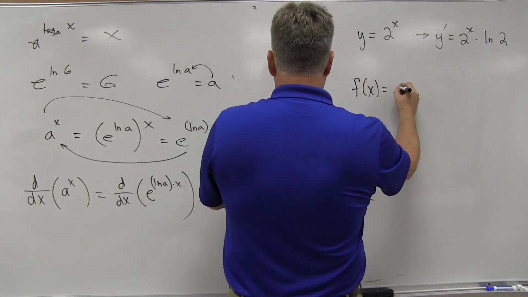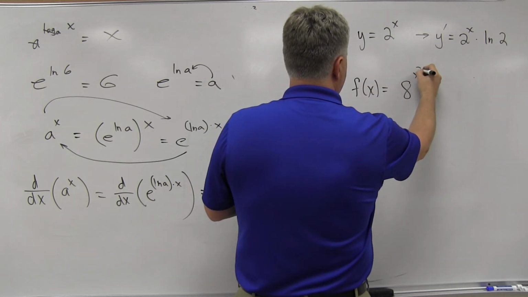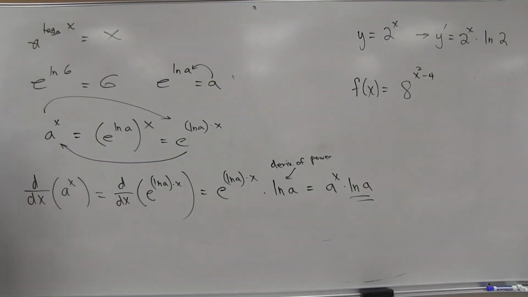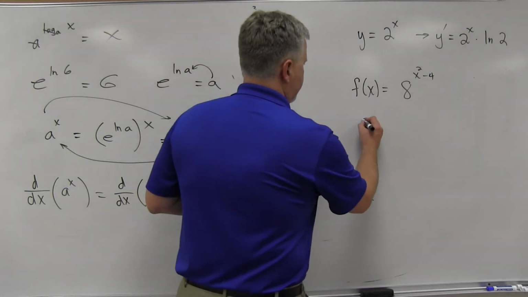All right, so f of x equals 8 to the x squared minus 4. What is my derivative?